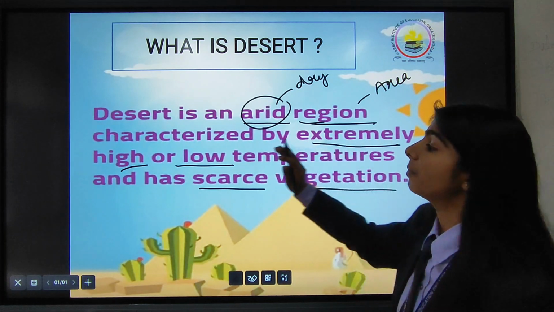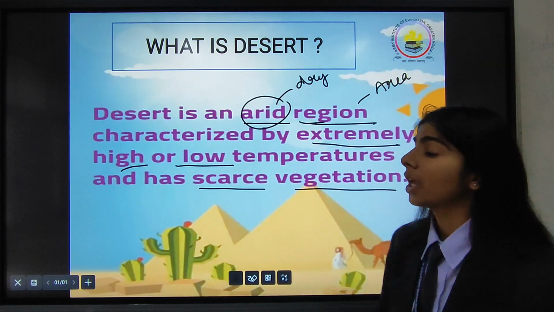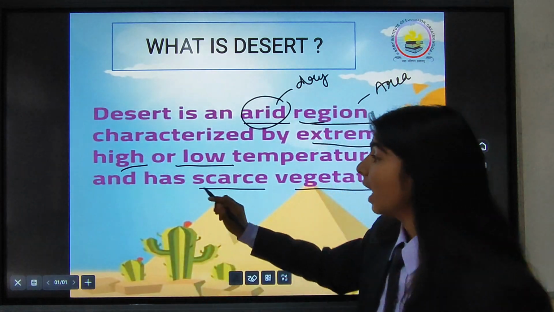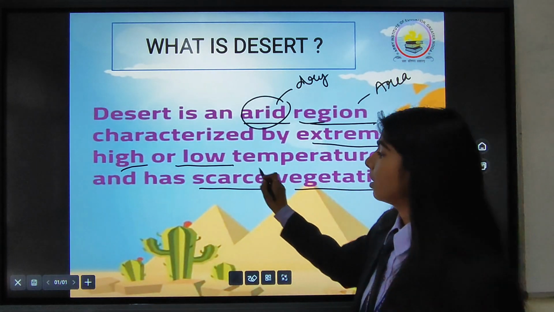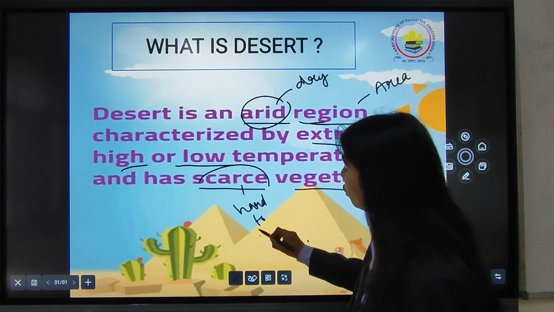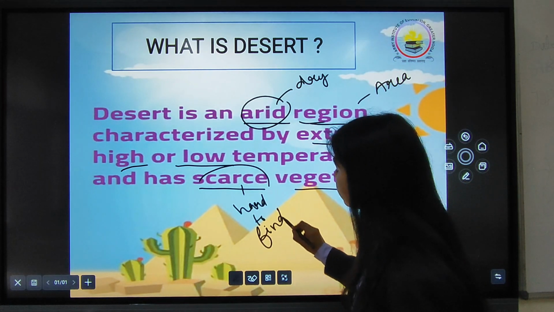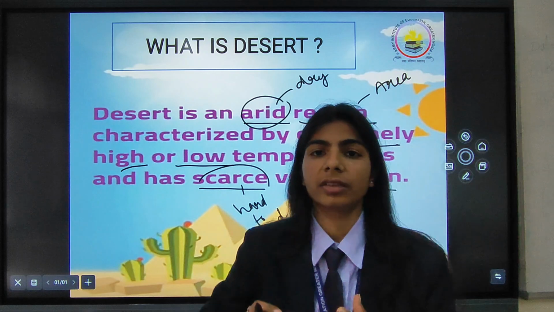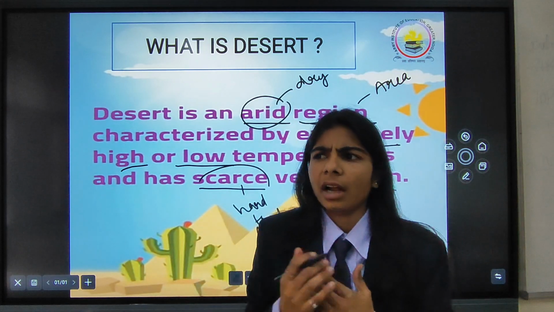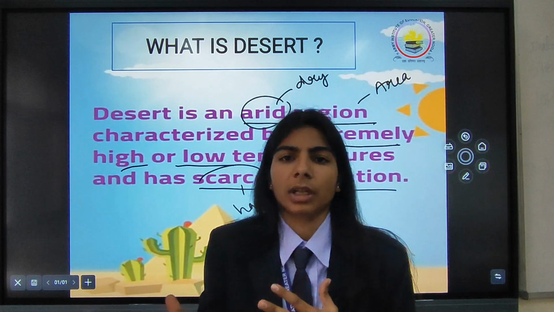characterized by extremely high or low temperature. That means deserts have extremely high and low temperatures and have scarce vegetation. Scarce means hard to find, those things that are limited in quantity and that we can't access very quickly.